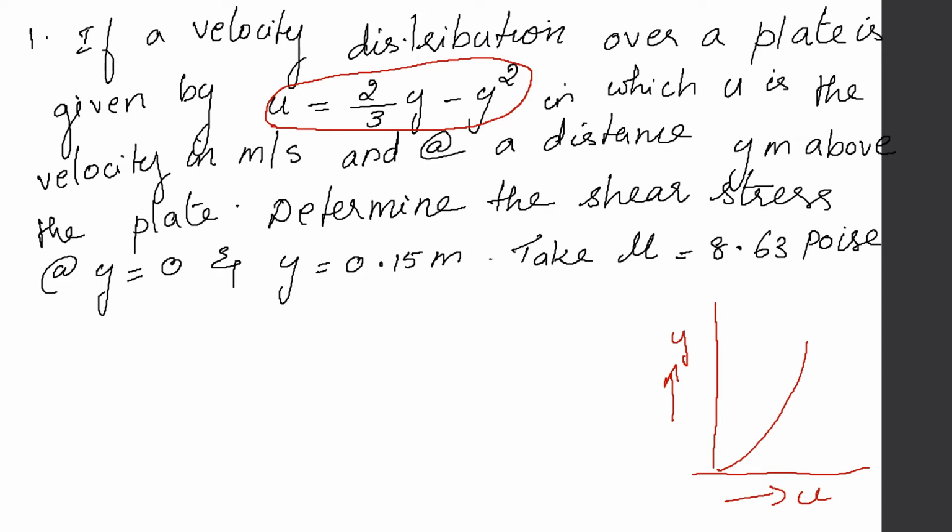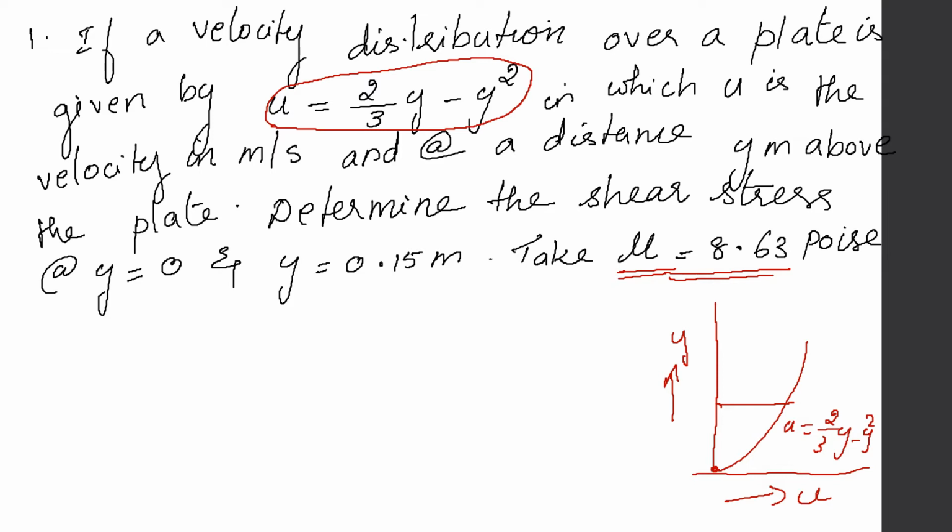We are asked to find the shear stress at y is equal to 0 and at y is equal to 0.15 meter. Also, mu means it is dynamic viscosity, and the dynamic viscosity is given as 8.63 poise.